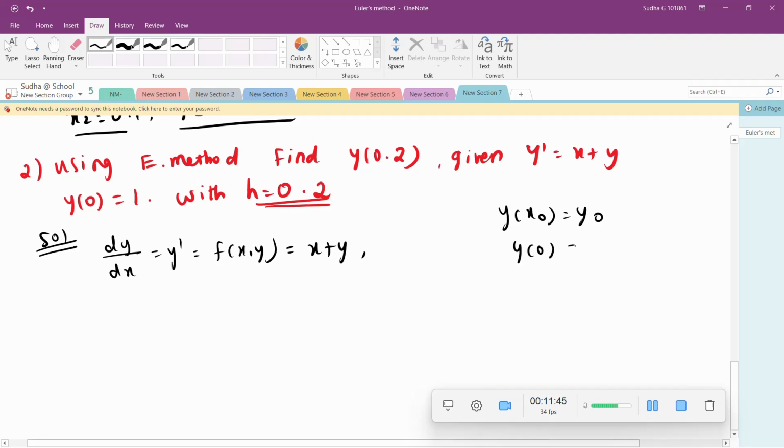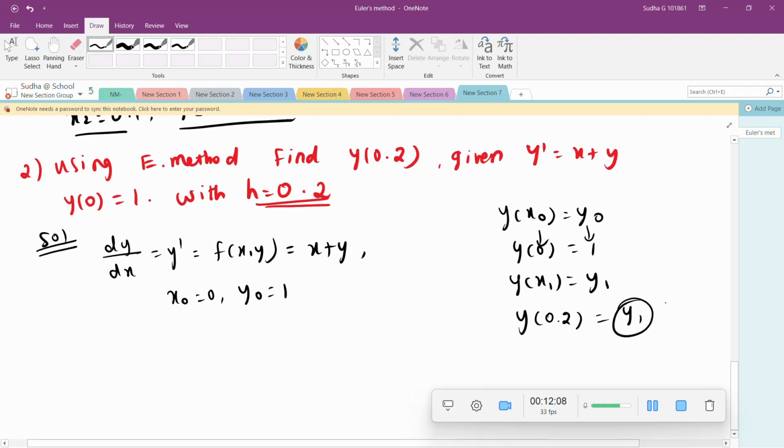So y of 0 equal to 1 here given. So x naught value 0, y naught value 1. So y of x1 equal to y1. The given problem y of 0.2, so need to find out y1.